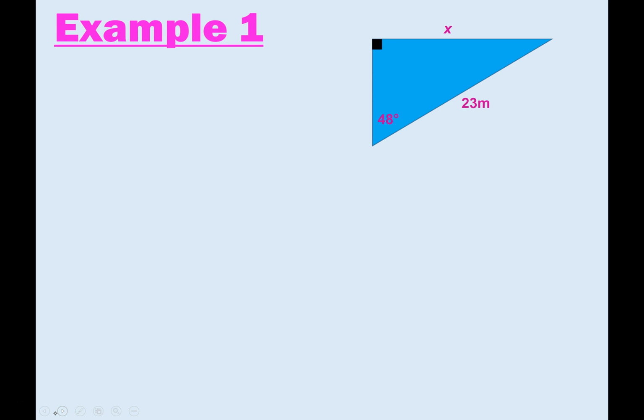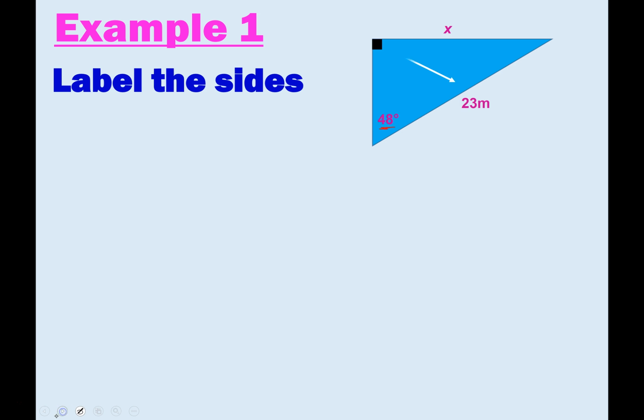So example one, could be any triangle that's a right angle triangle. We've got our angle here that we are interested in. And so I think the first thing we have to do is label the sides. And the first side that I always label is the hypotenuse, because it's opposite the right angle. It's always going to be there, and bang, we put the H. And then we look at the angle that we're focused on, the non-right angle.